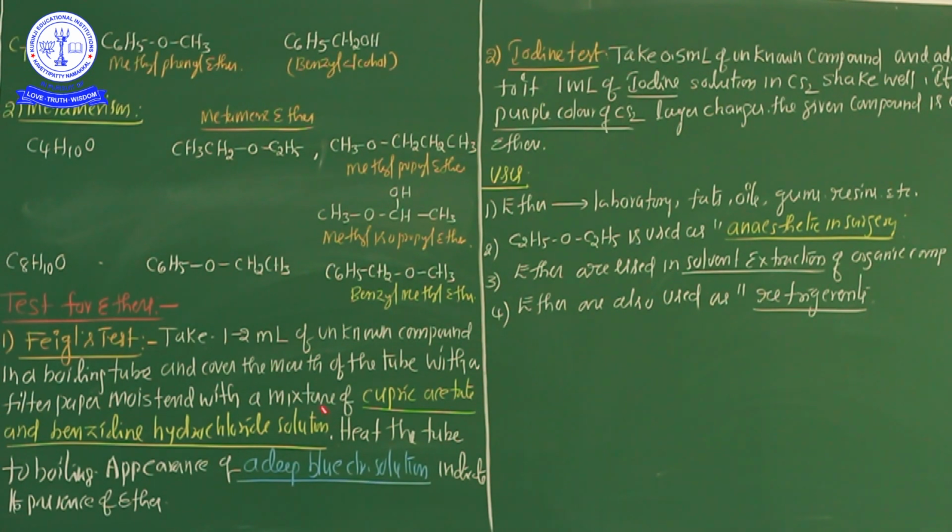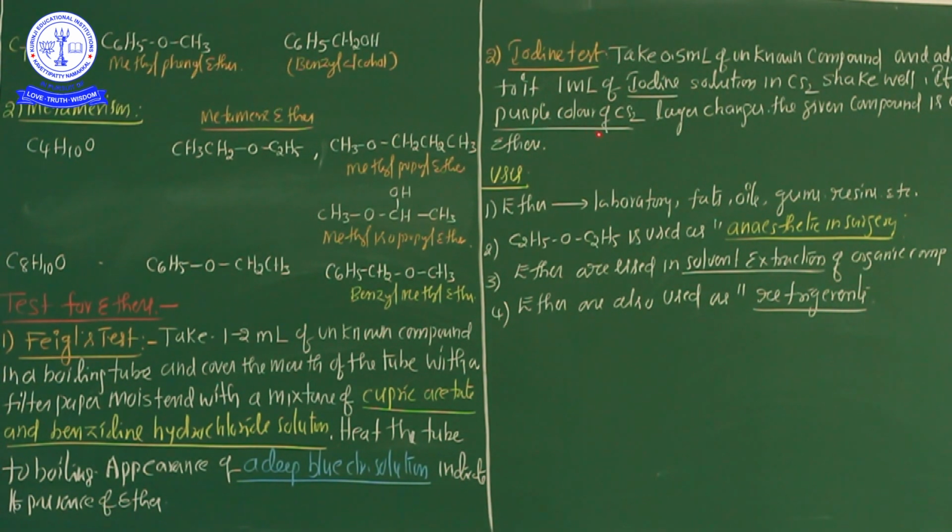Okay. One more test is the iodine test. In the iodine test, take 0.5 ml of unknown compound and add to it 1 ml of iodine solution in CS2, carbon disulfide. Shake well.